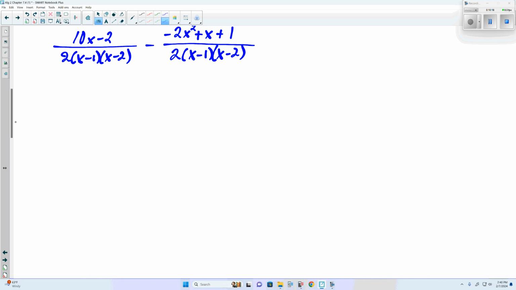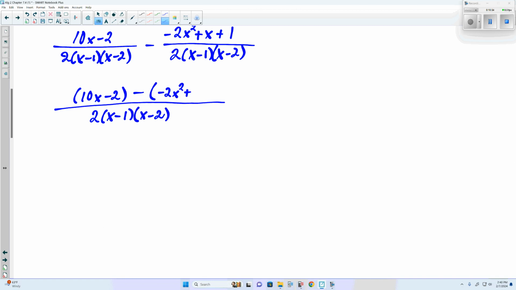Now, since we have everything simplified in the numerator and the denominators are the same, we can subtract our two numerators. We're subtracting our 10 minus 2x and our negative 2x squared plus x plus 1. With addition, as we said yesterday, having the parentheses around both sets of terms isn't hugely important.